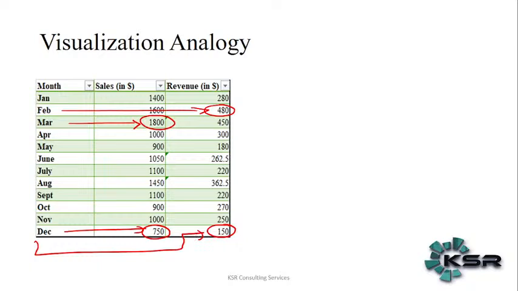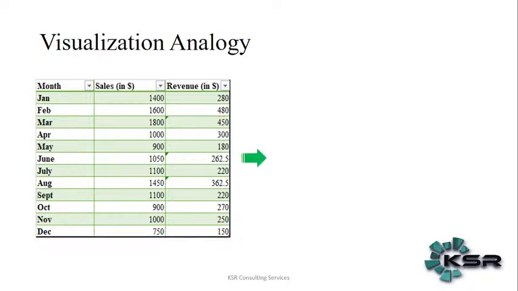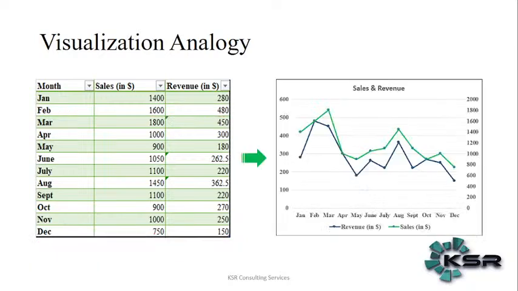But is there any better way to visualize this? Is there any better presentation to see this? We do have it, and we can see it this way as a line chart.